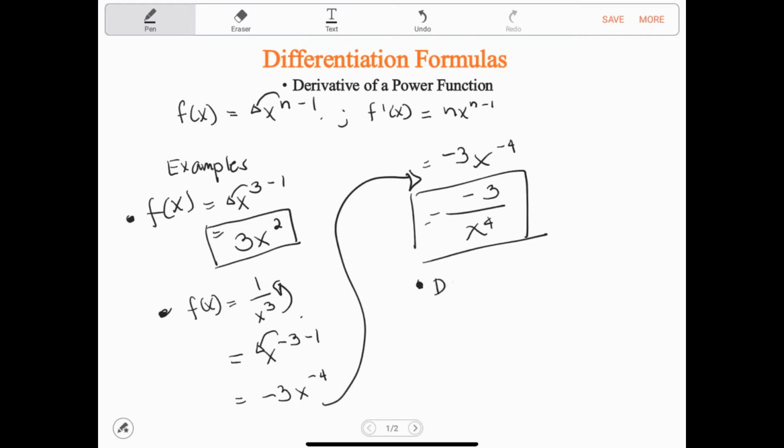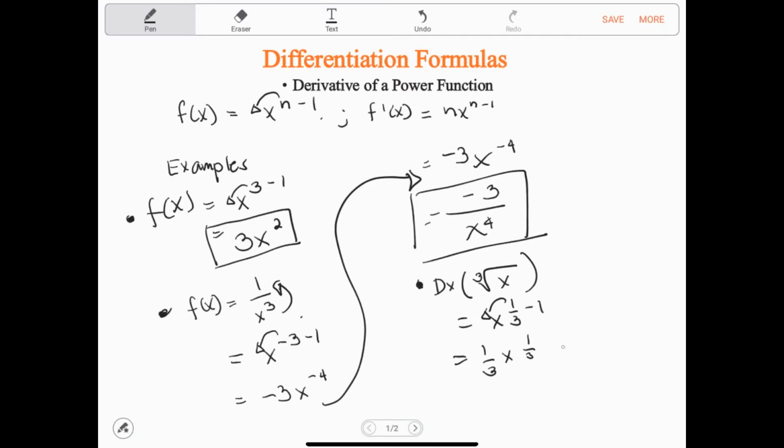Last example. The derivative of x is equal to the quantity of cube root of x. We can rewrite the cube root of x as x to the power of 1/3. Then solve. 1 over 3 x and 1 over 3.